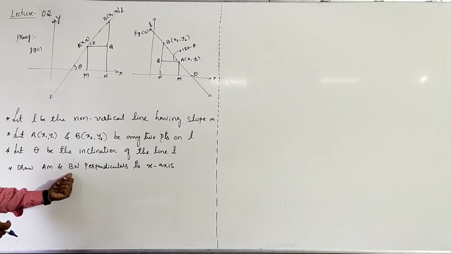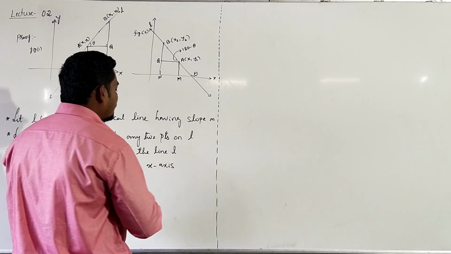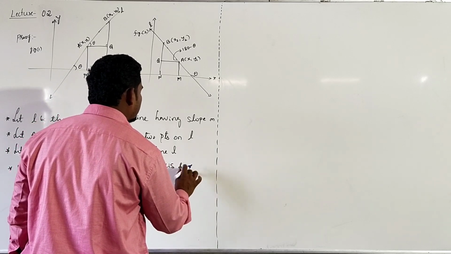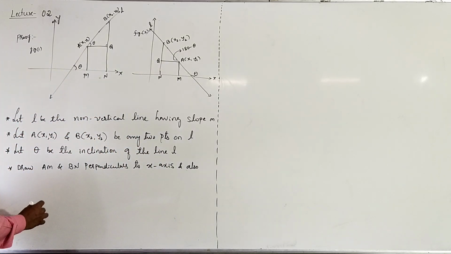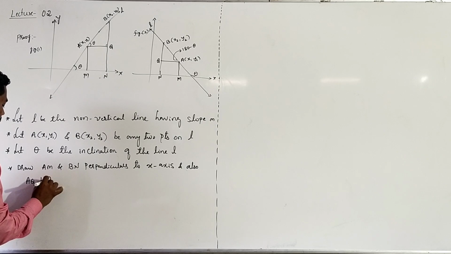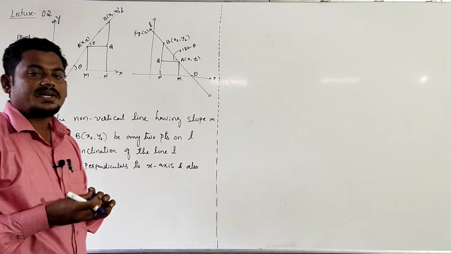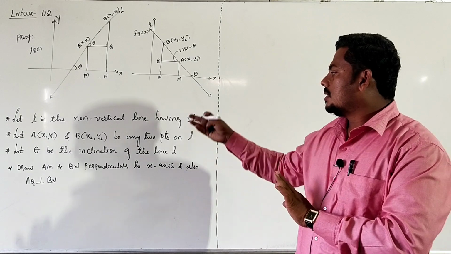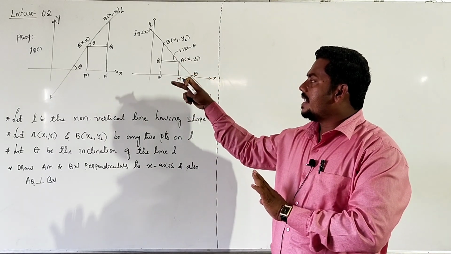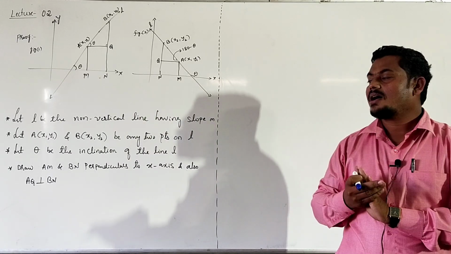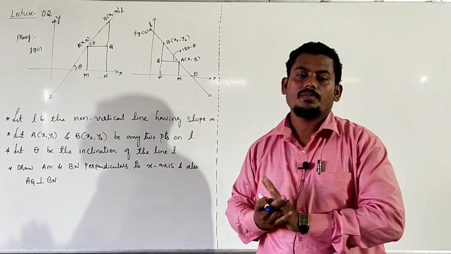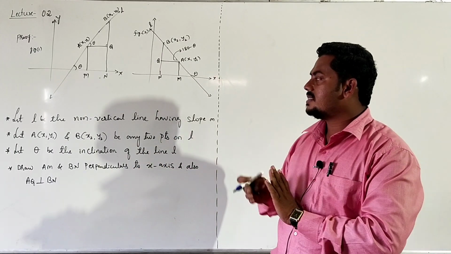Draw AM and BN perpendiculars to x-axis and also draw AQ perpendicular to BN, and theta be the inclination of the line.